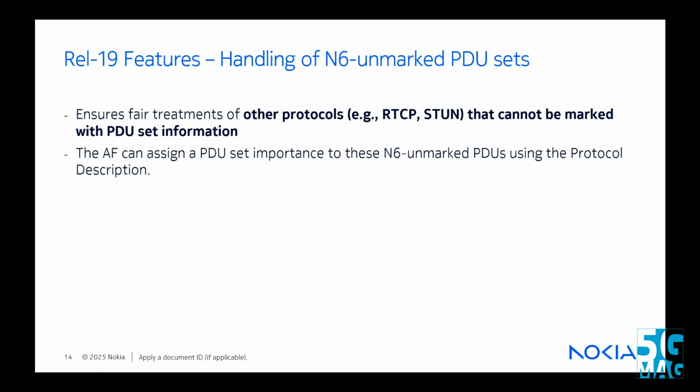And this PDU set importance can, for instance, be in the same range that you use for your RTP packets, so that it's not always these packets that are dropped on the network. They can be given a higher importance when they are more important, for instance. So yeah, these are the main three features that were added during release 19, and that's the end.